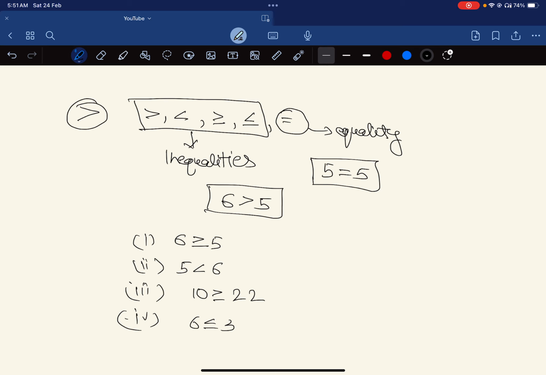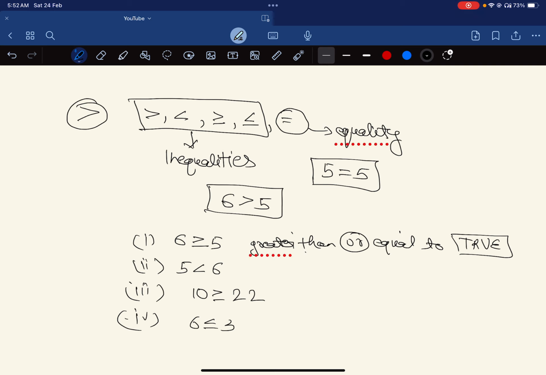Is this true or false? When we read this, we read it like greater than or equal to. So any of it can be true. So 6 is greater than or equal to 5. It is greater than 5. So this overall statement is true.